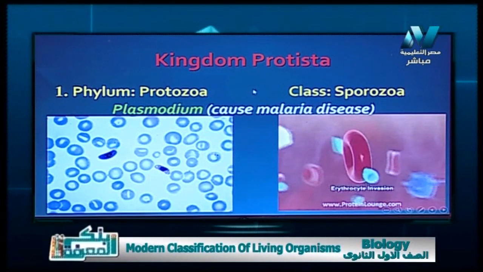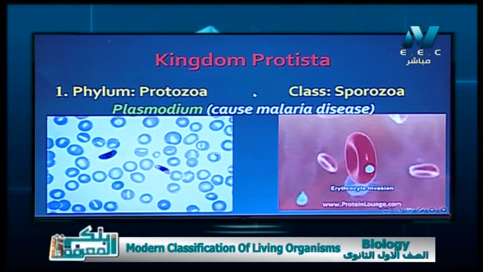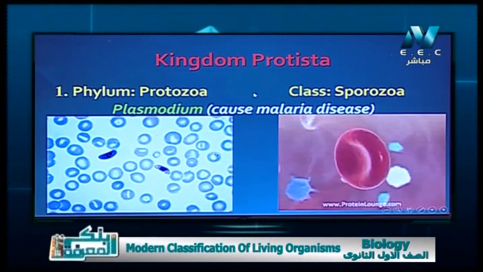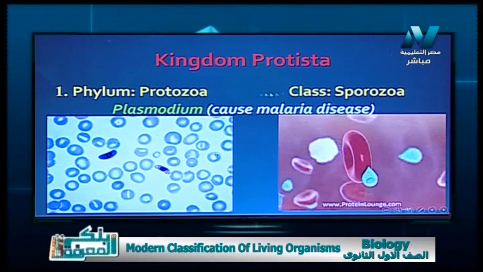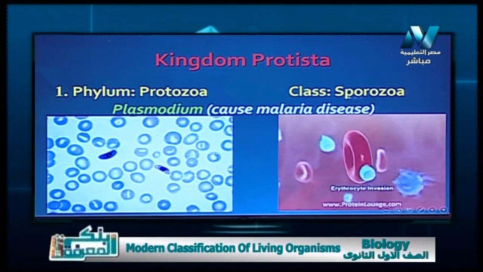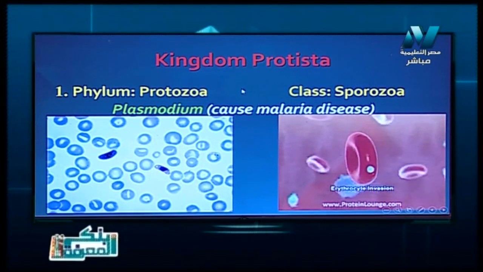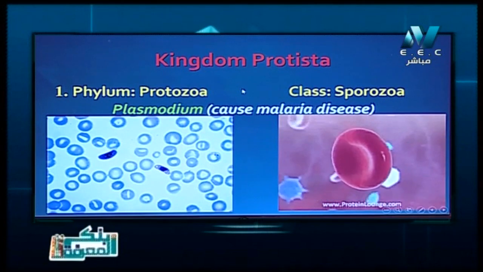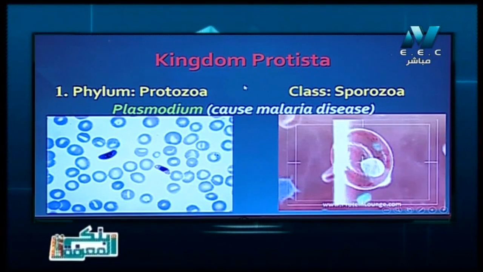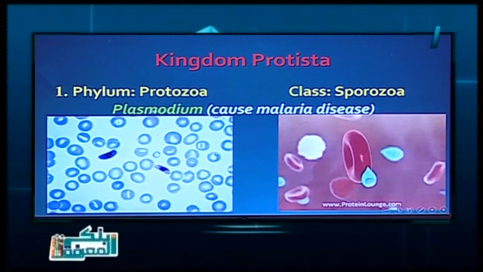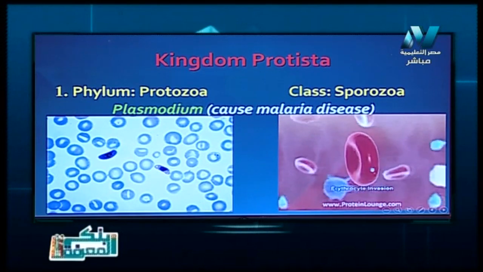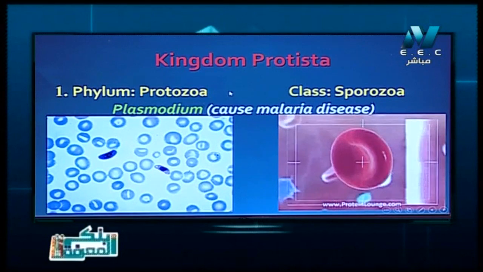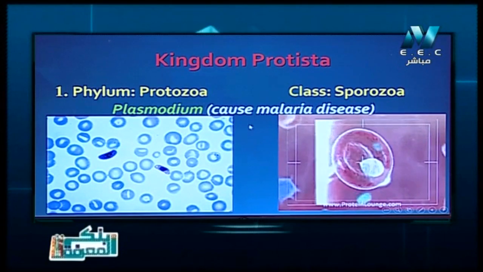The other class is called Sporozoa. Sporozoa means the spores. And also, when we mention the word spore, that means it is a parasite. So this organism is a parasite called Plasmodium, which causes malaria disease.